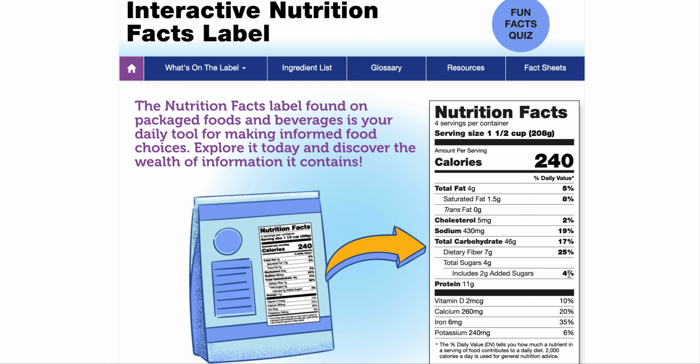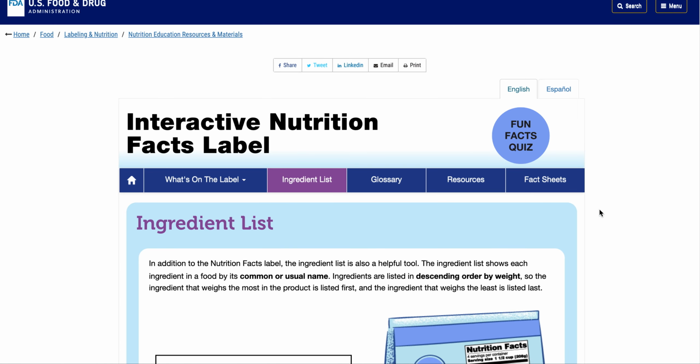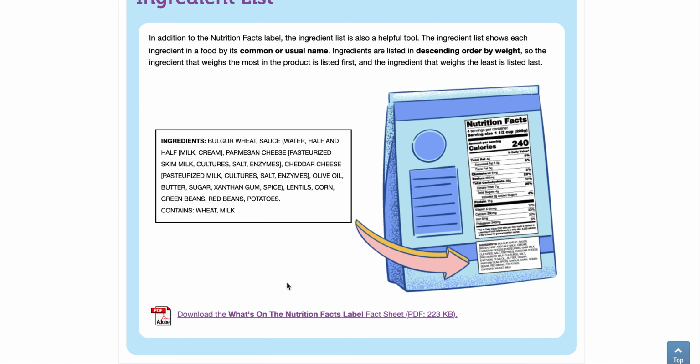So just a reminder, I want to show you this page over here on the ingredients list. Foods with more than one ingredient have to have an ingredients list on the label. And in this example here, ingredients are listed in descending order by weight. So those in the largest amounts are actually listed first, and then the quantity decreases as you get further and further down on the list.